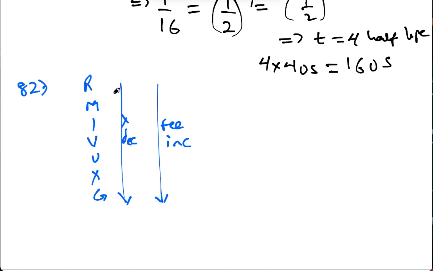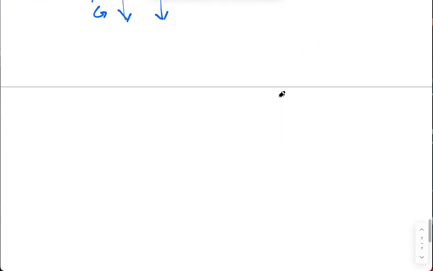If wavelength is decreasing, that means R will have the highest wavelength. And for frequency, G will be the one with the highest frequency. So you know who has the highest frequency and who has the highest wavelength.